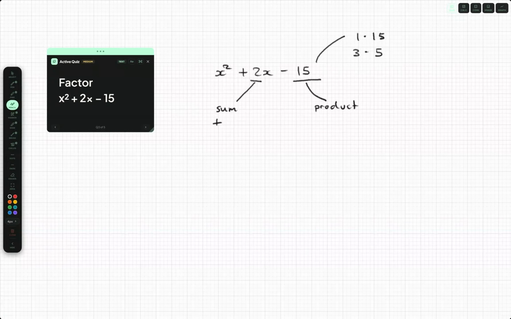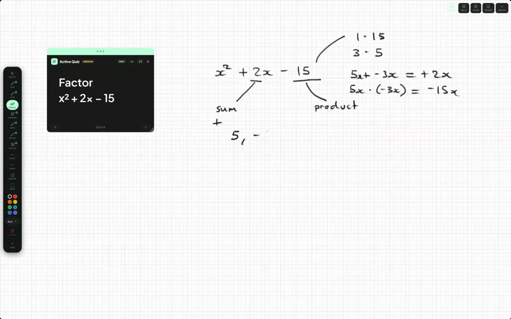So if we did 5 as the positive, plus 5x plus or minus 3x, we would get positive 2x. You don't have to write the positive. And if we multiplied 5x by minus 3x, we would get our minus 15 or minus 15x. Now, the result here tells us that our two numbers we're looking for are 5 and minus 3.